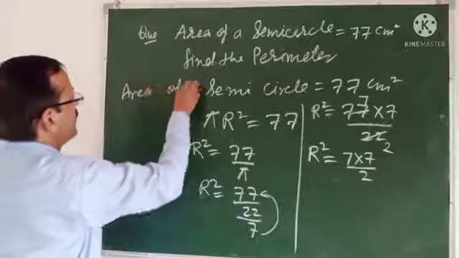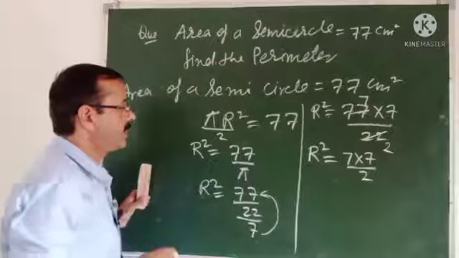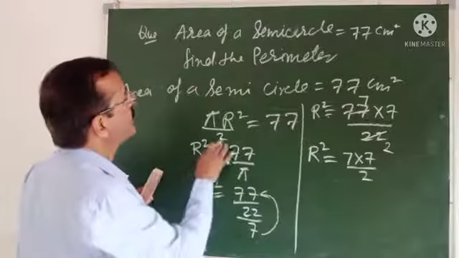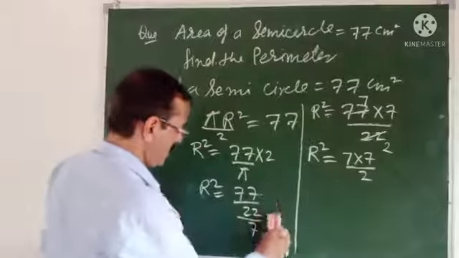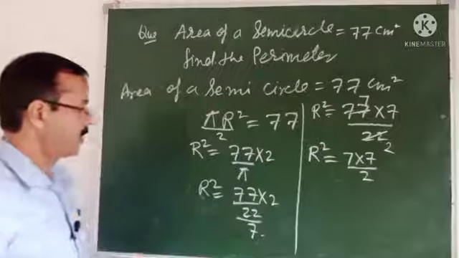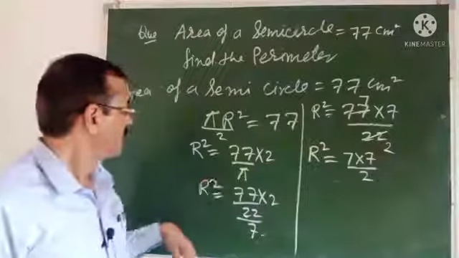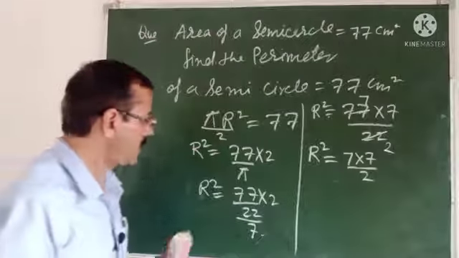So what is the semicircle formula? Upon 2. This 2 we send there. No problem, already having that. So pi gone, correct.